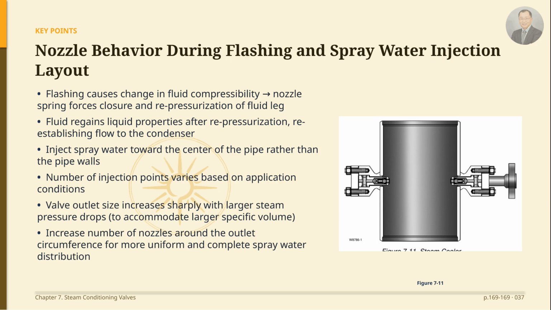In cases with high steam pressure differentials, the valve outlet size increases drastically to accommodate the larger specific volumes. Accordingly, an increased number of nozzles are arranged around the circumference of the outlet to ensure a more even and complete distribution of the spray water.